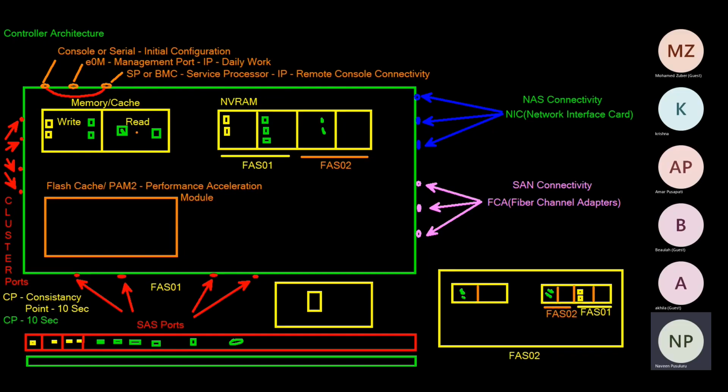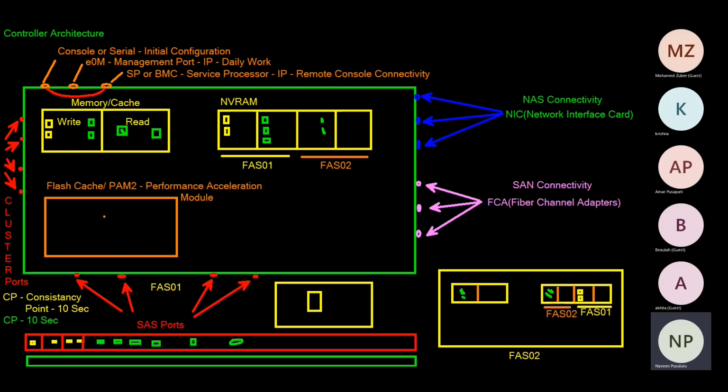If the data is not available, then it has to go through the disk shelves directly. But if you have a PAM, then it will not go to the disks directly. If you don't find the data in the read cache, it will go to the second place called PAM or flash cache. Why? What is the functionality of flash cache? What does it store? What does it contain?